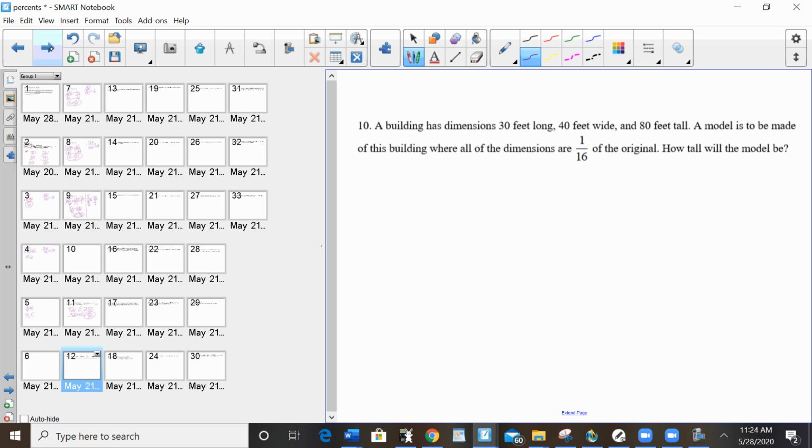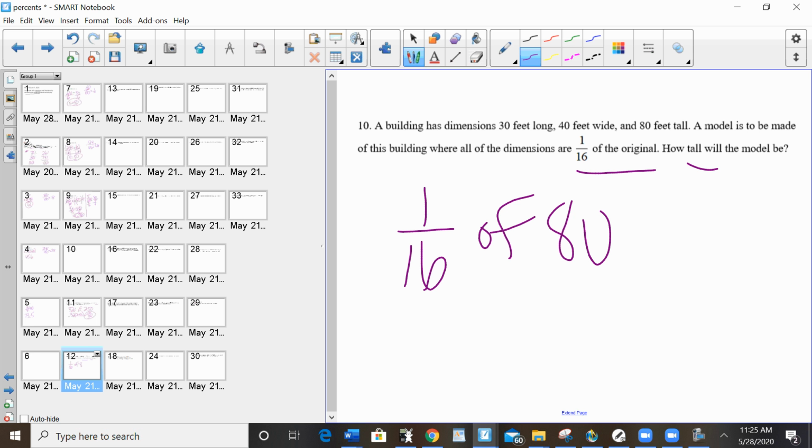A building has dimensions 30 feet long, 40 feet wide, 80 feet tall. A model is to be made of this building where all the dimensions are 1/16 of the original. How tall will it be? So I want 1/16 of how tall it's going to be, which is 80. I want 1/16 of 80. The other information is just kind of unnecessary.